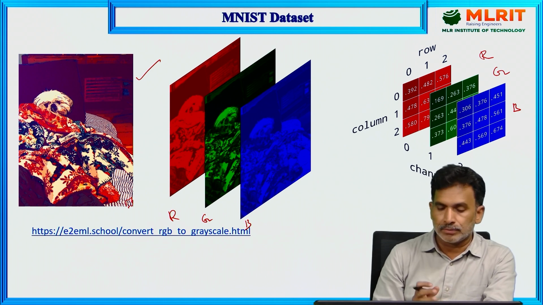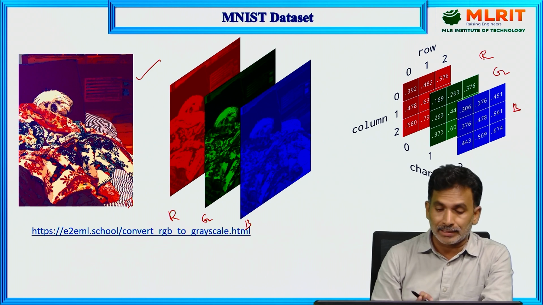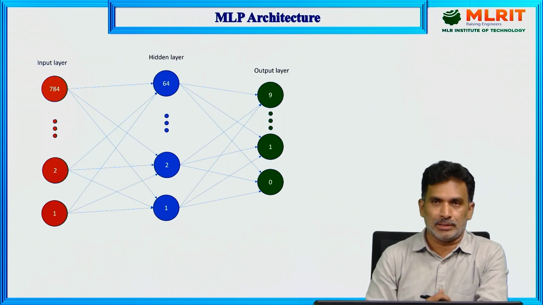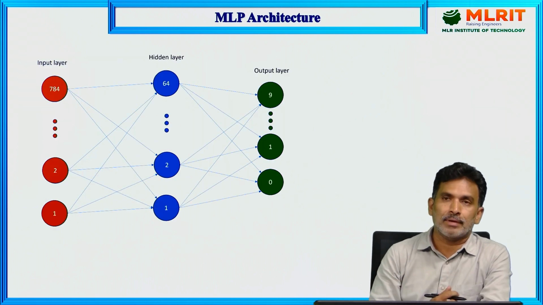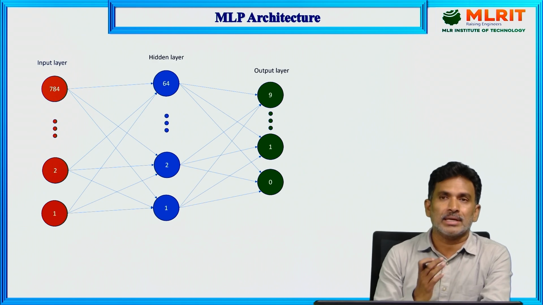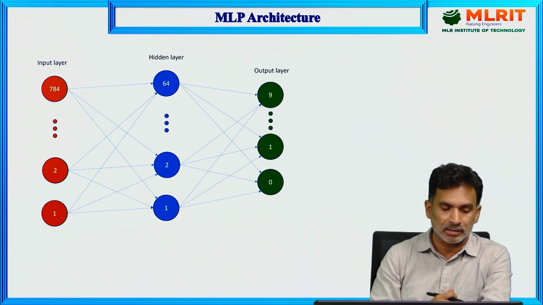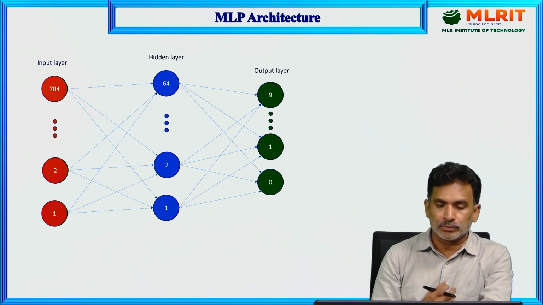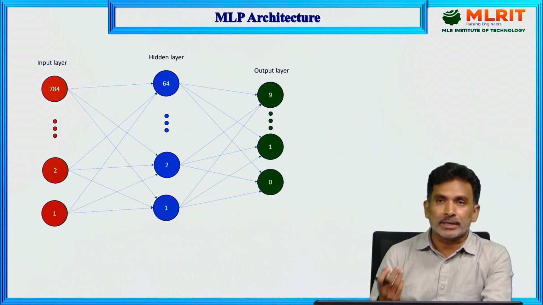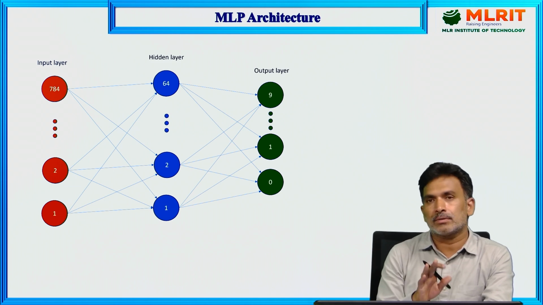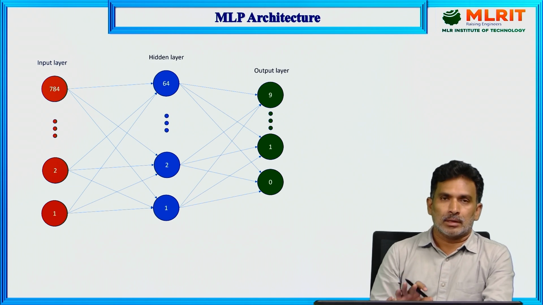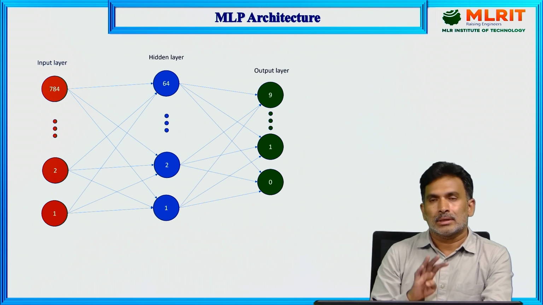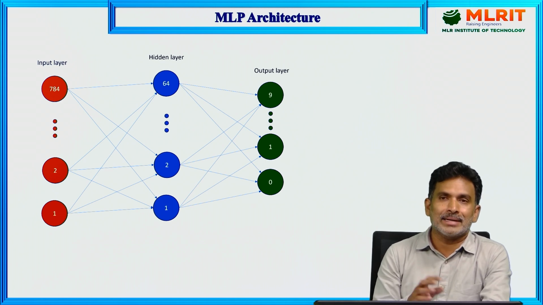We are not going to work on color images; we will work on grayscale images, where the pixel intensity values range from 0 to 255. Now we have to understand the architecture, that is, the input that we are going to give. We are going to build a classification model to recognize the handwritten digit.